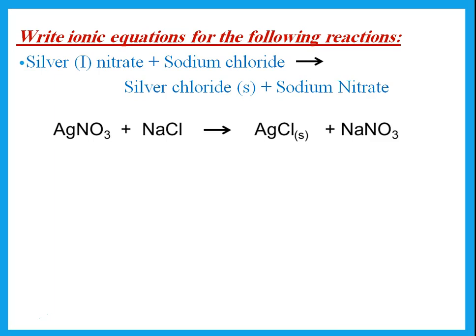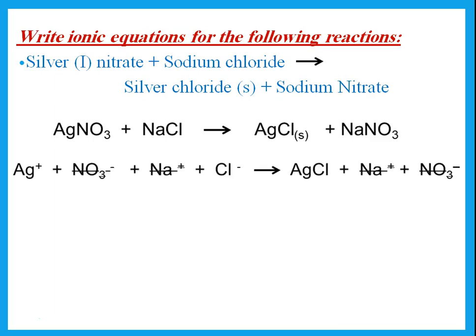Sodium compounds are soluble, so sodium chloride is aqueous. Sodium nitrate after the arrow is aqueous. But the only one that is a solid here is silver chloride. Remember, anything that's a solid or liquid or gas, you leave it as it is. You don't do anything to it. The others, you have to ionize. Ionize means you're going to break it up into positive and negative ions.